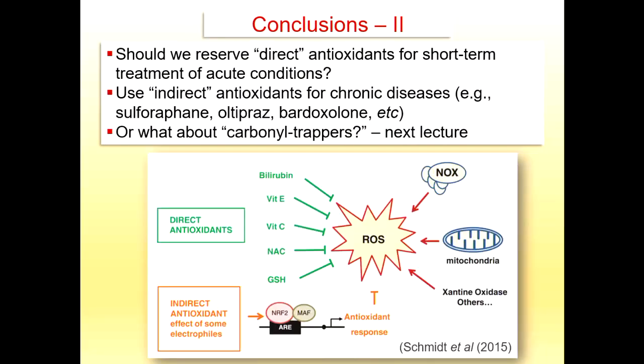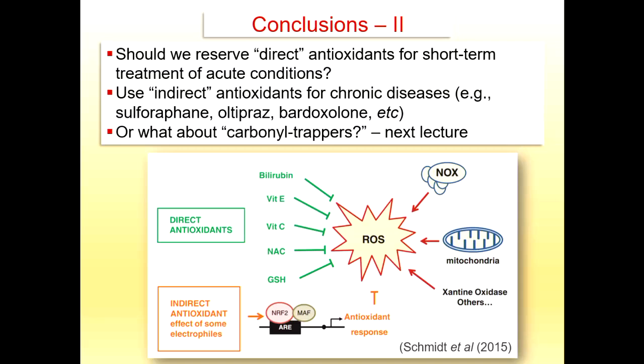And another concept that's emerging is perhaps we should be restricting the use of direct antioxidants for conditions where there's an acute disease, where there's an acute overproduction of reactive oxygen, so that we don't see some of those harmful effects that occur when you treat people with high doses of antioxidant for a long period of time, chronic treatment.